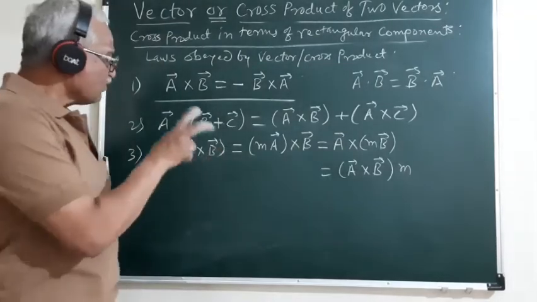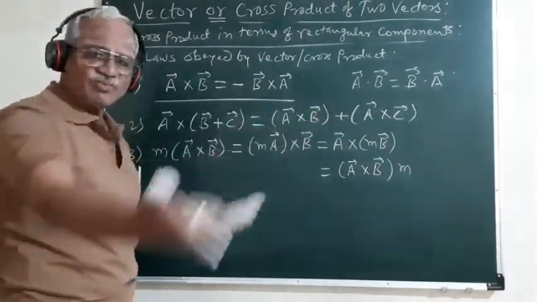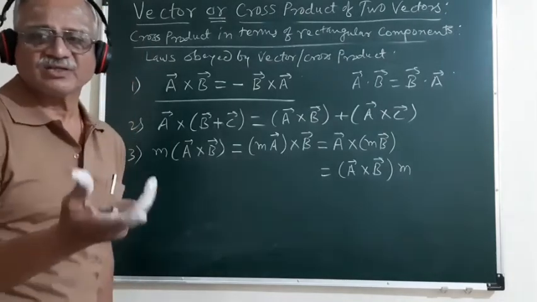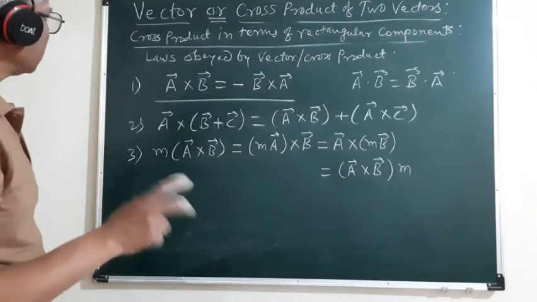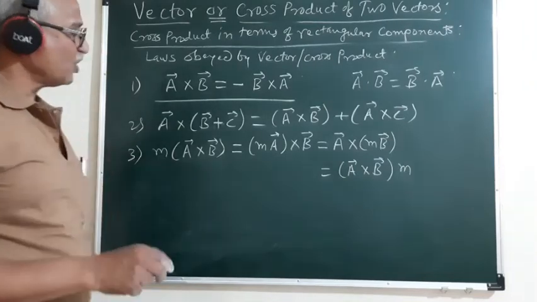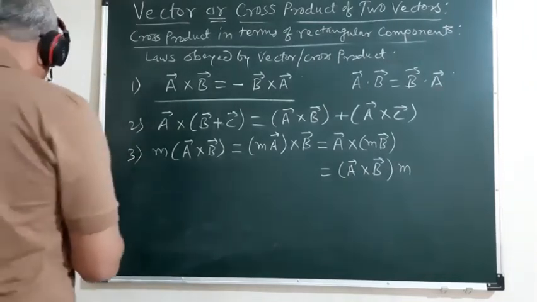So we can evaluate this product in any of the ways, and all of them result in the same result. So this is the law obeyed by the cross product of two vectors.